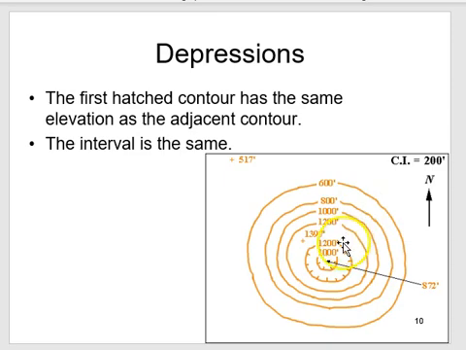The next contour line, the first depression contour, is the same elevation as my last regular contour. This is showing you the very edge. It hasn't started going down yet, but it's going to start at this point. So your first depression and your last regular contour line are the same elevation.